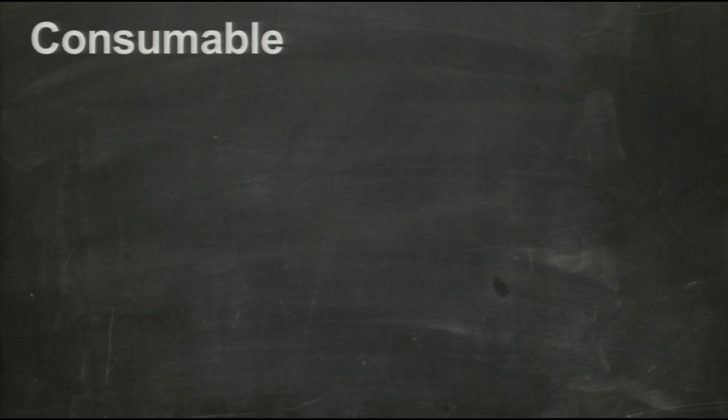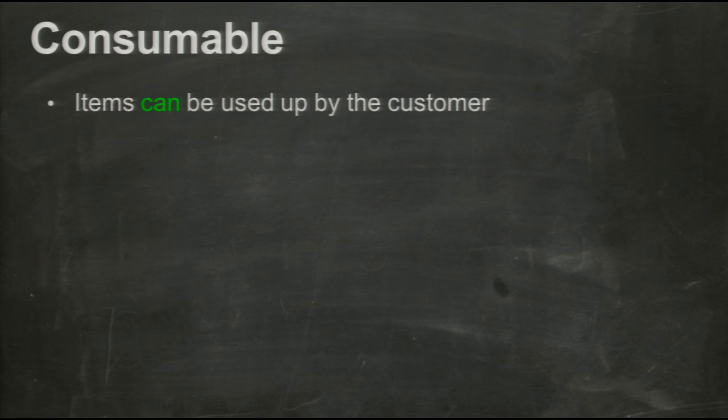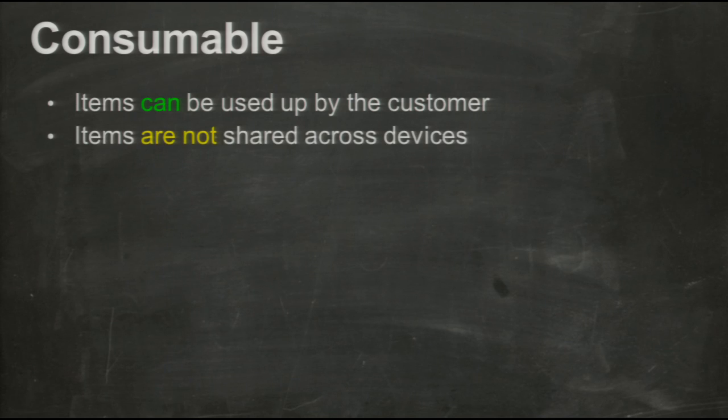So let's start with consumable content. Consumable content is items that can be used up by the customer. For example, a bag of gold coins or a box of arrows. If you buy 5 arrows and you shoot one of them, you only have 4 arrows left. Consumable items are not shared across devices.